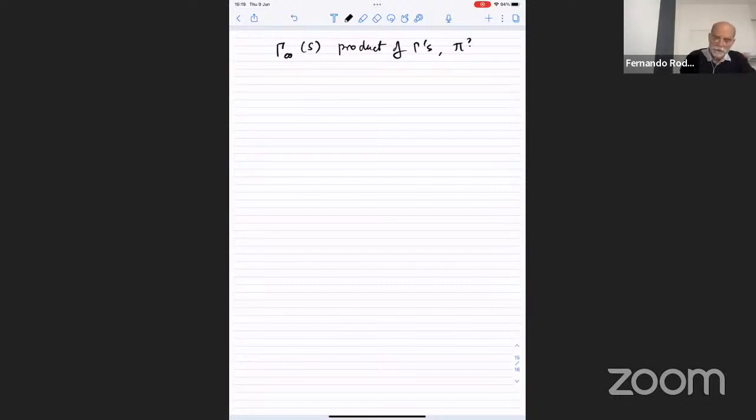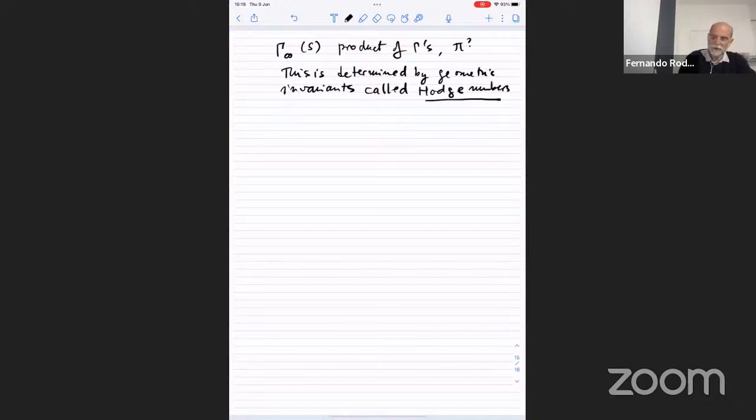What goes into this is determined by geometric invariants called Hodge numbers. And I will just give a very superficial description of what this is.